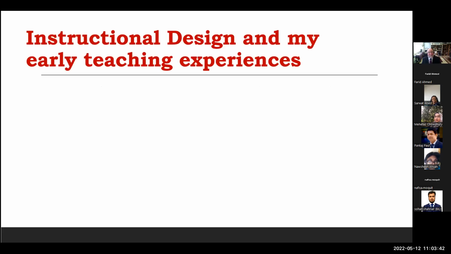Instructional design in my early teaching experience: I became an educator in the 1980s, before computers were used, before there was an internet that was accessible. We used chalkboards and textbooks and paper. We did have overheads. Those were kind of cool. And we had Xerox machines, but they didn't like us to use the Xerox machine. It was expensive.